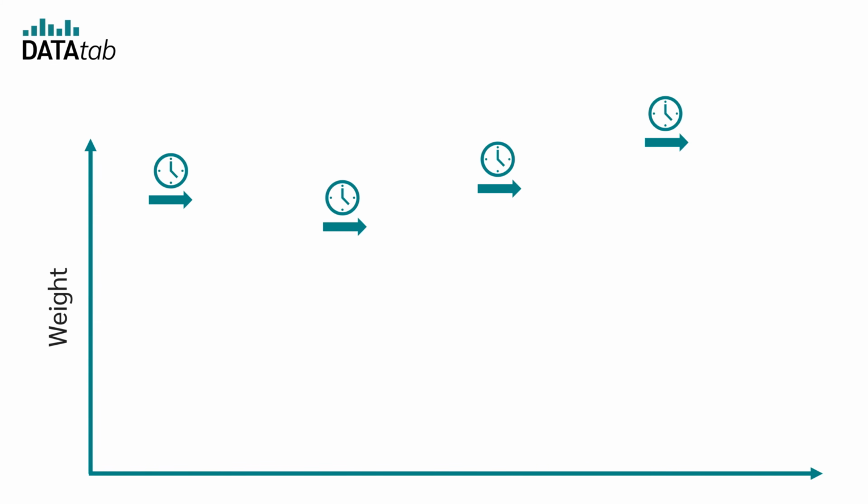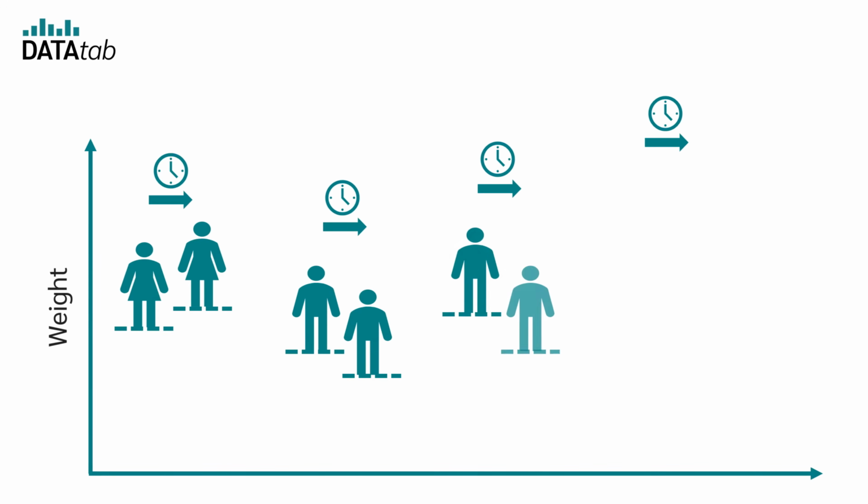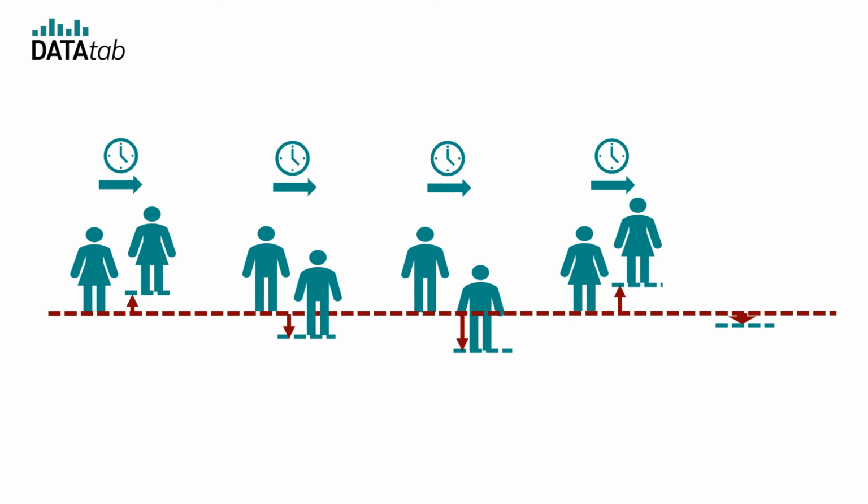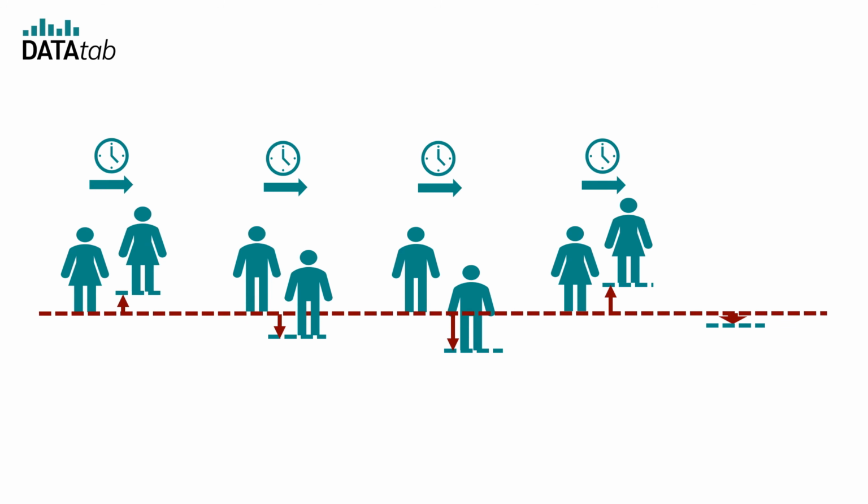First, you start by weighing each test person once before and once after the completed diet program. We are not interested in the weight before and after, but we are interested in the difference between before and after. So for example, how much a person has gained or lost weight. Therefore, we calculate the difference between before and after for each person.